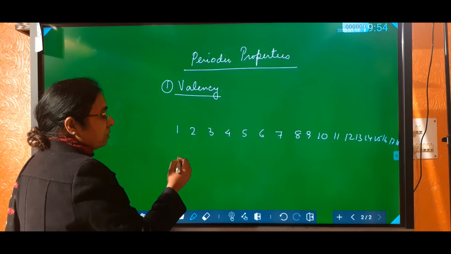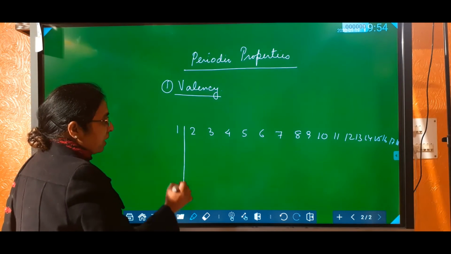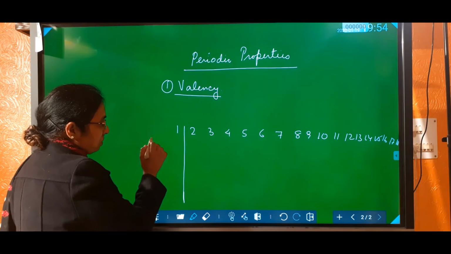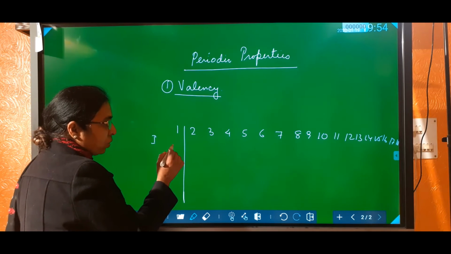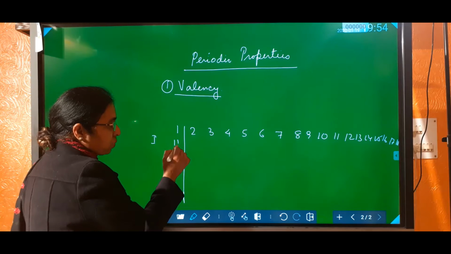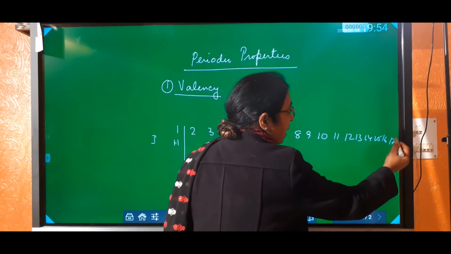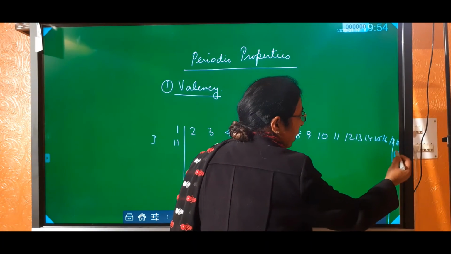In the first period we have only two elements: hydrogen over here, and in group 18 you have helium.